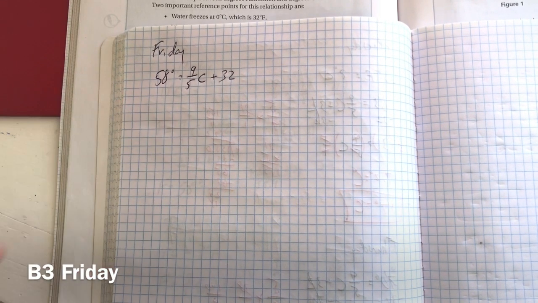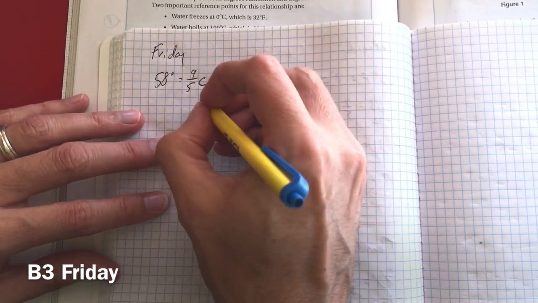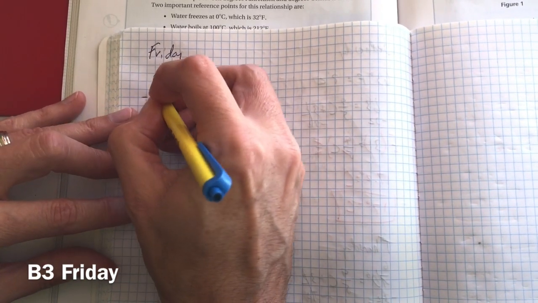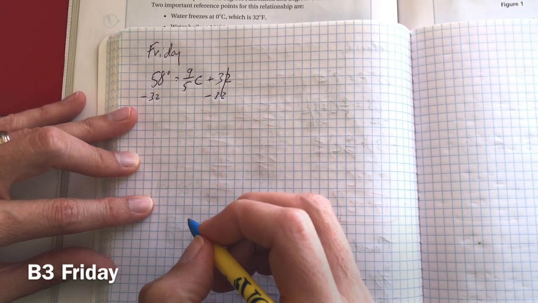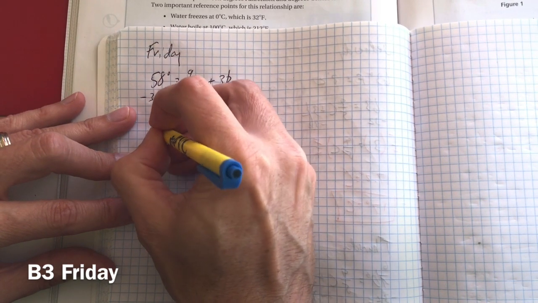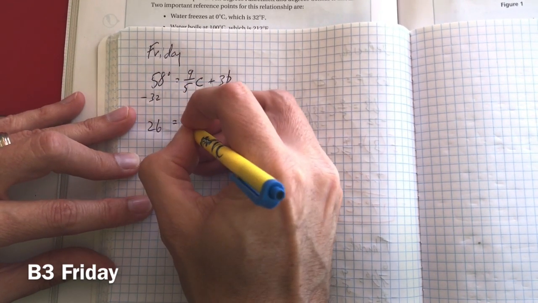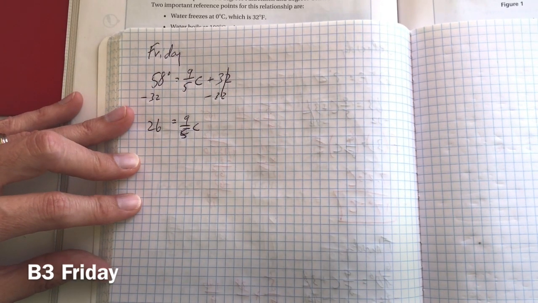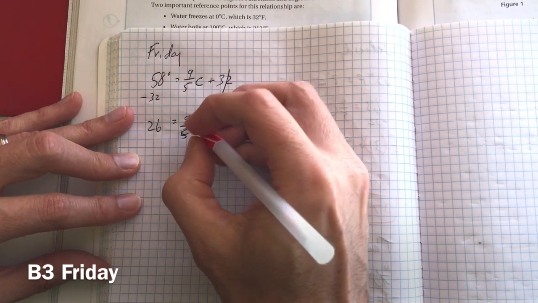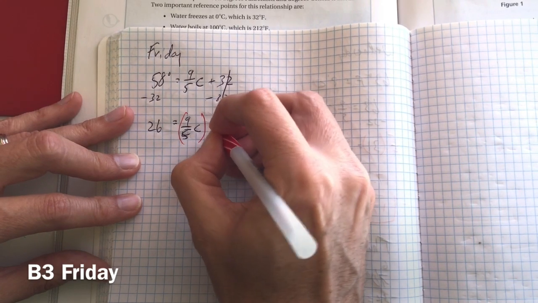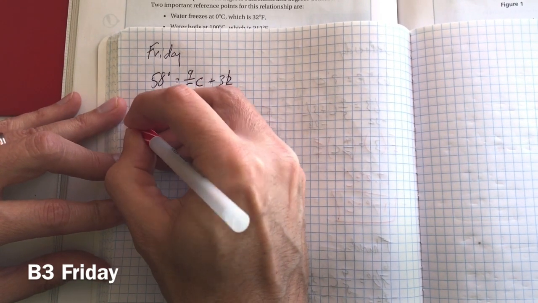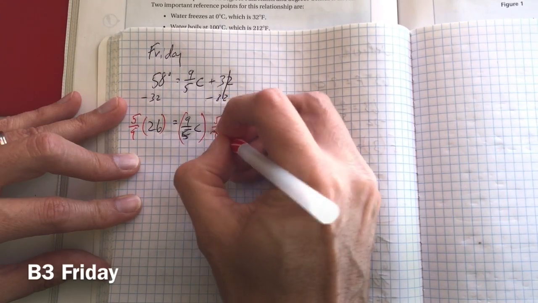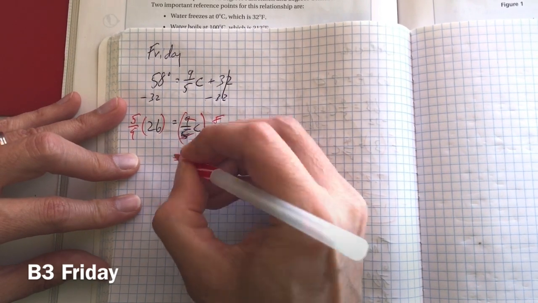Minus 32 and minus 32, that cancels, and I get 26 equal to 9/5 C. Same thing we've been doing: multiply all of this times 5/9, multiply all of this times 5/9. These all cancel, so I'm left with C.